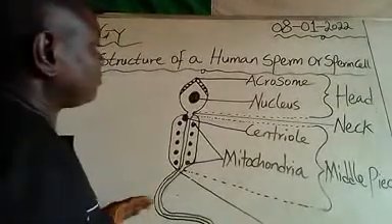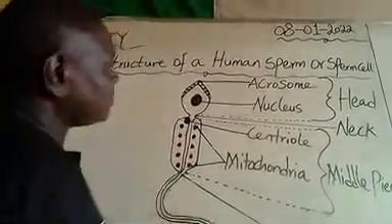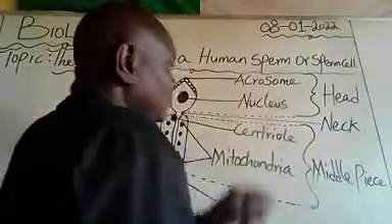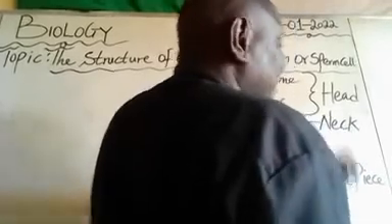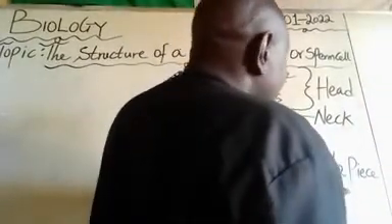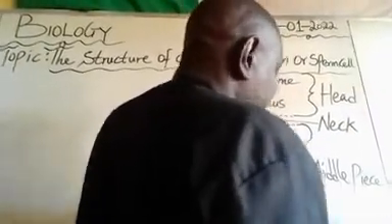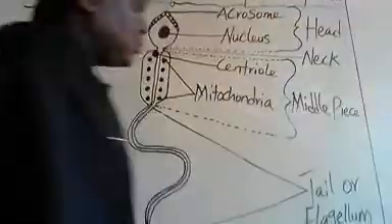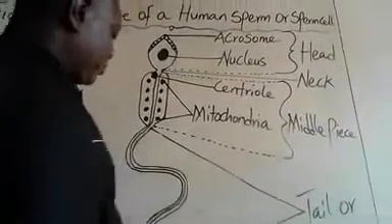Sperm has the head, it has neck, it has middle piece, and it has tail or flagellum.